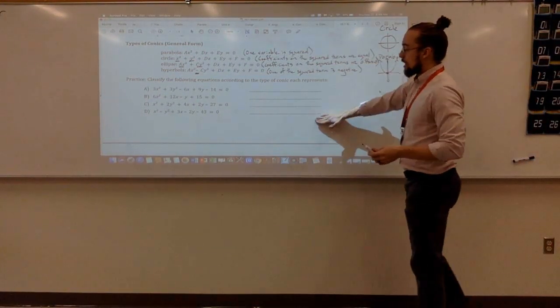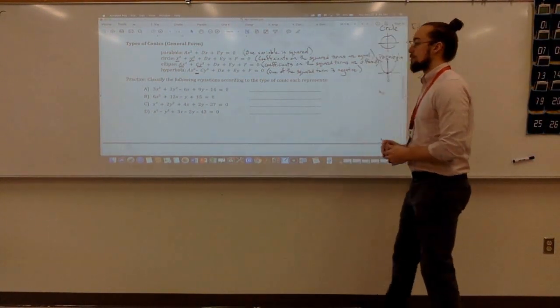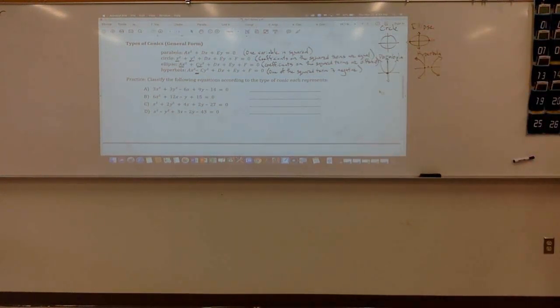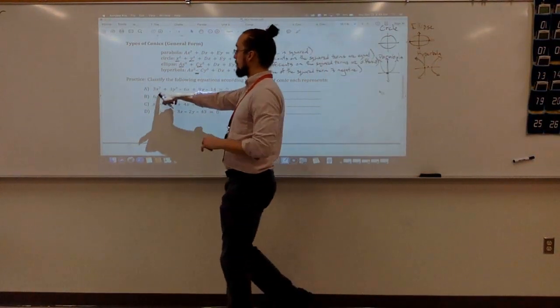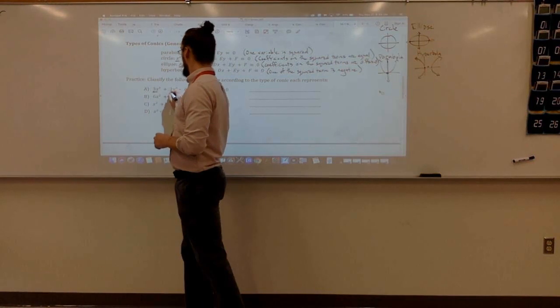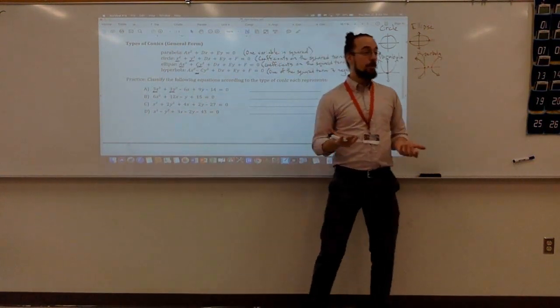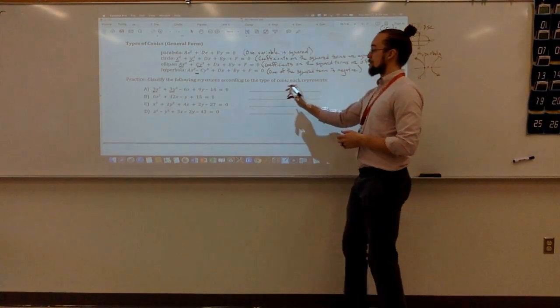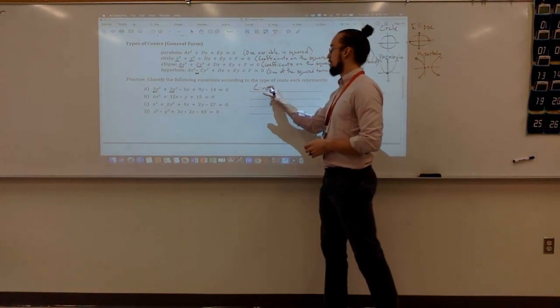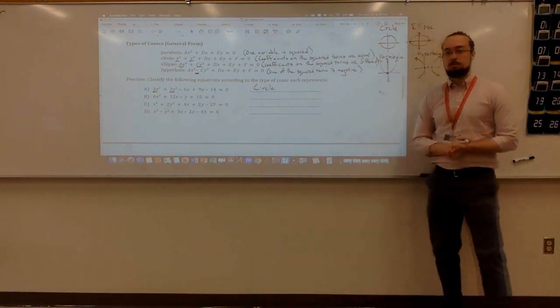So, let's look down at these four examples and try to figure out which conic is represented here. In A, if I look at my two squared terms, the coefficients are equal, both positive. So that means this is going to be a circle.